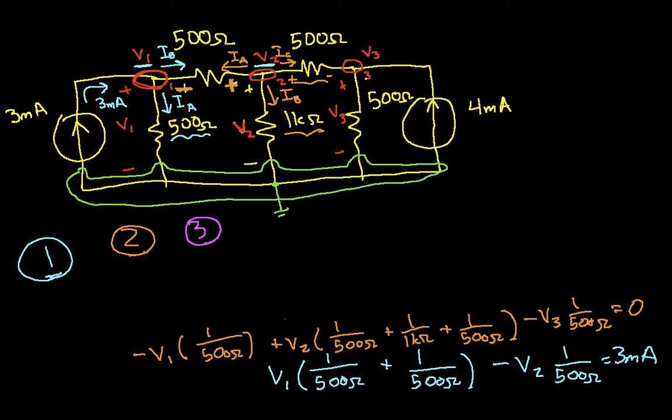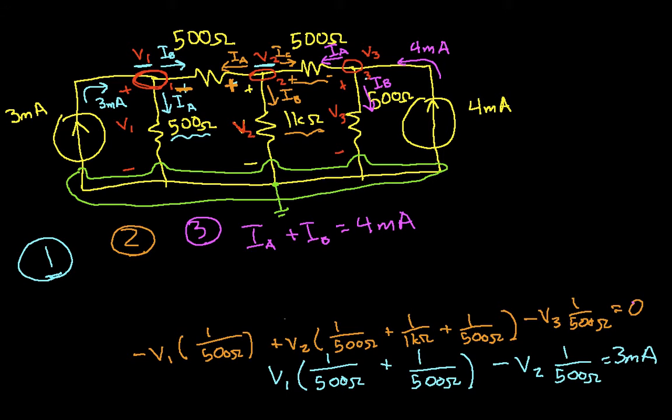Okay, so I will look at this and say I've got 4 milliamps coming in from my source, and then I'll define a current IA leaving node 3 to the left, and IB leaving node 3 down. And we can say then that IA plus IB is equal to 4 milliamps.